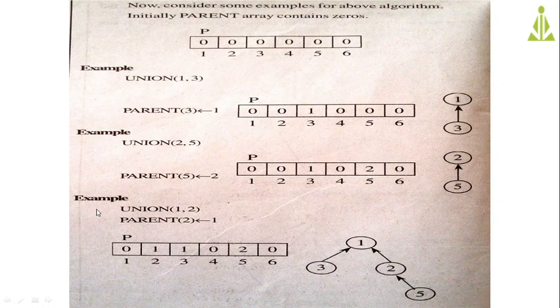The next one is union 1 comma 2, the parent of 2 is 1. How will you represent this? In the same way, 1 and 2.